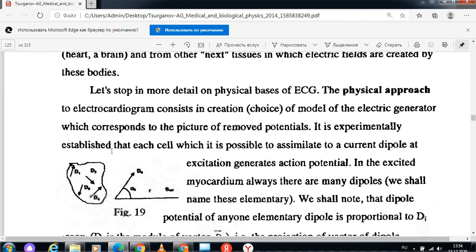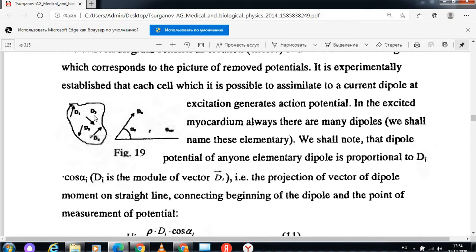We shall name these elementary. We shall note that the dipole potential of any one elementary dipole is proportional to di multiplying by the cosine alpha. Don't forget about that. So we have a special type of the dipoles.